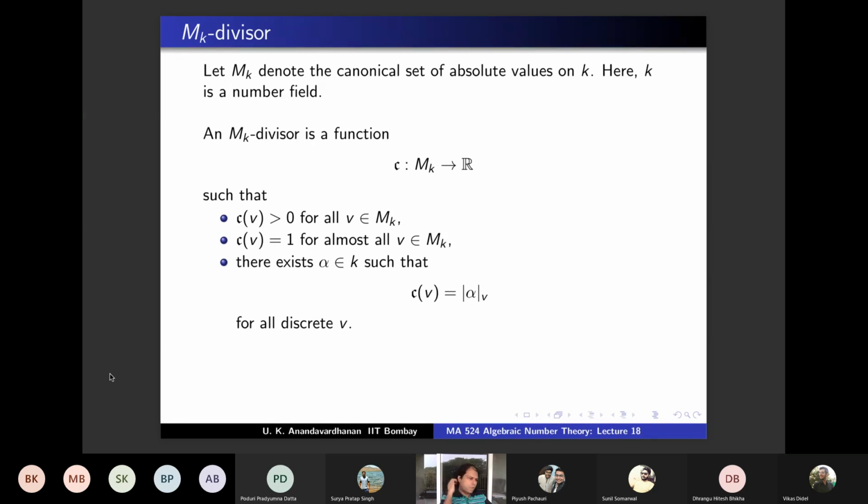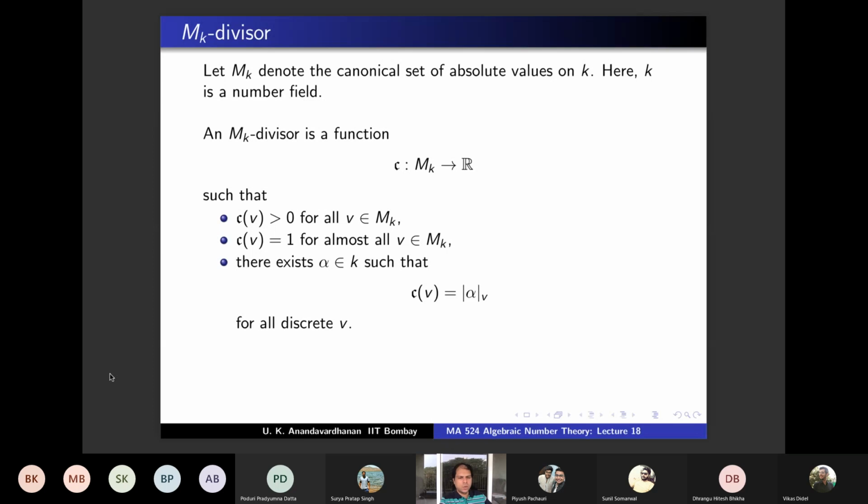Suppose you take mod alpha V and you take the ideal generated by alpha, do its prime factorization; there will be finitely many primes coming in there. Except for those finitely many primes, at any other prime, what will be the absolute value of alpha with respect to any prime not coming in the factorization? It will be 1, right? Valuation will be 0. It's not appearing in its factorization.